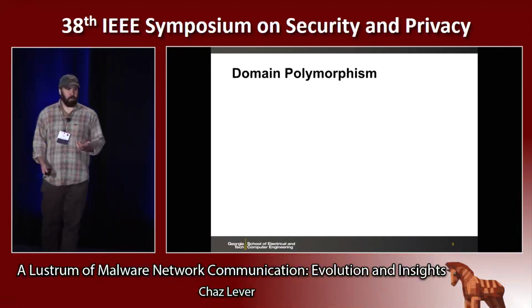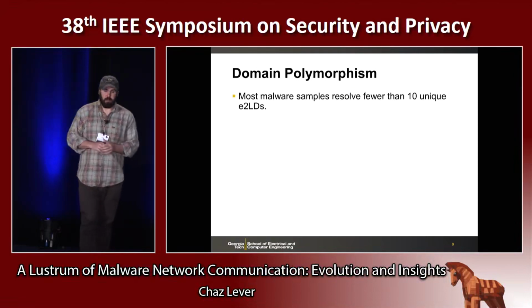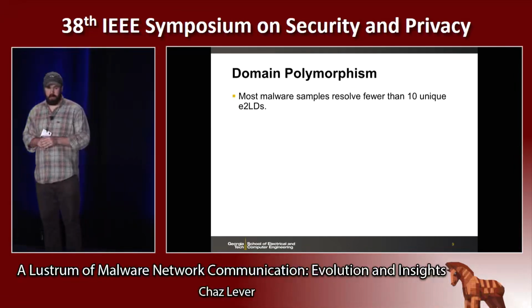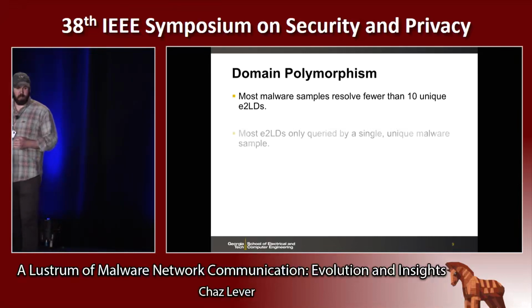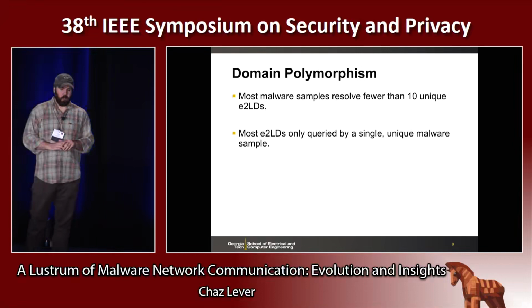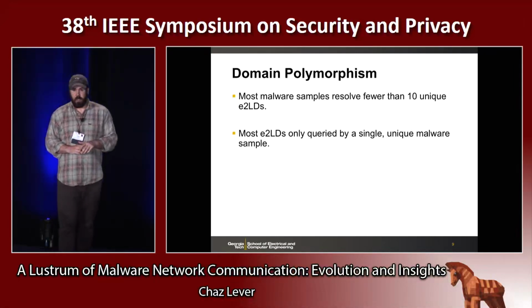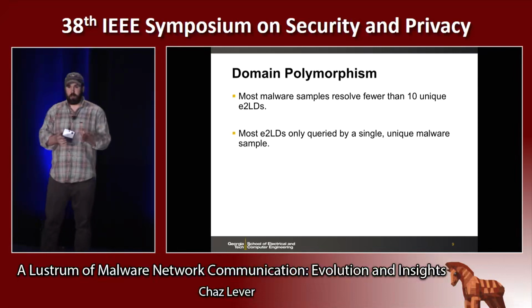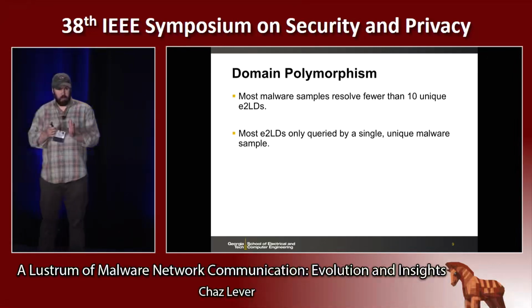So what do I mean by this idea of domain polymorphism? So we saw that most malware samples resolve fewer than 10 unique effective second-level domains. This was after doing all of our filtering. And we saw that most of those E2LDs were only queried by a single unique malware sample. So what we're seeing here is that these E2LDs aren't being reused across samples. We're seeing new effective second-level domains being used in different samples.